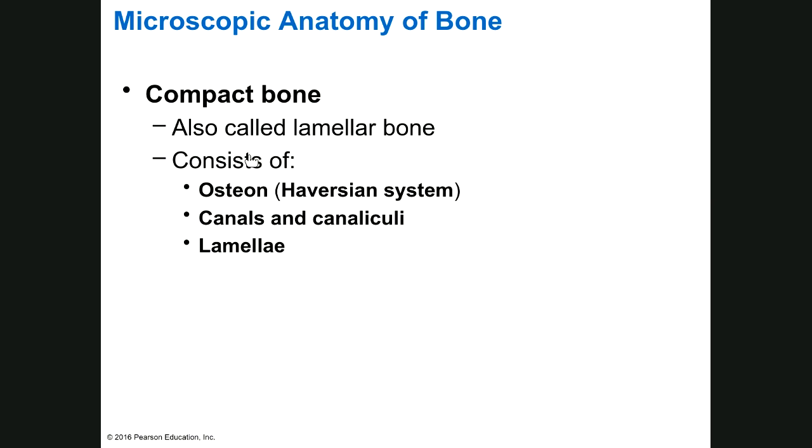Now, you know spongy bone is made of trabeculae. Compact bone is going to consist of this unit called an osteon, which is also known as a haversian system. Now, the osteon has its own anatomy, and we're going to talk about all the parts of the osteon. So let's do it.